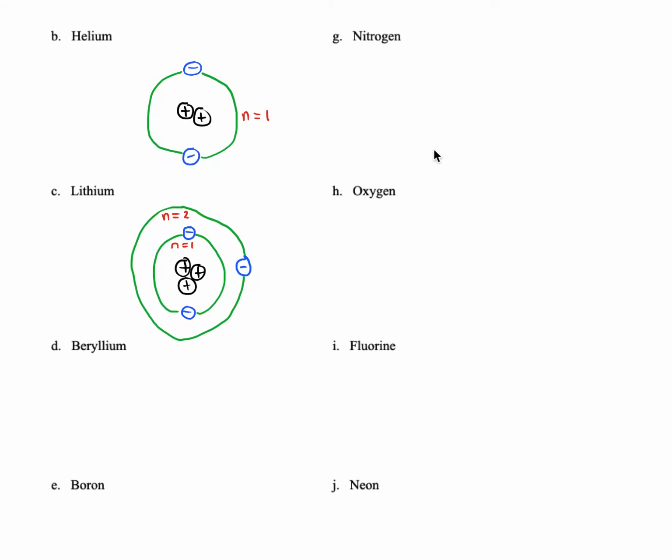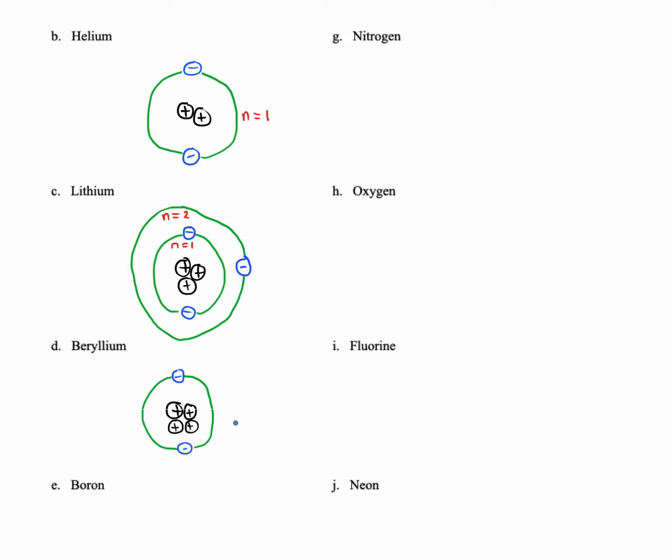Let's look at beryllium next. Beryllium will have 4 protons in the center nucleus. Once again, that first energy level shell is going to be full with just 2 electrons. But if we want balance, we need 2 more electrons.